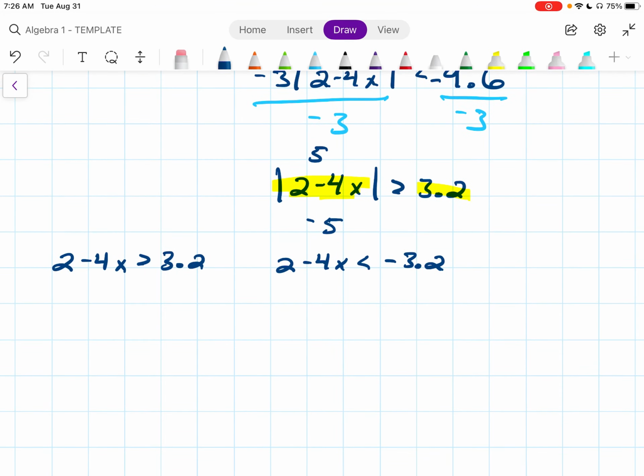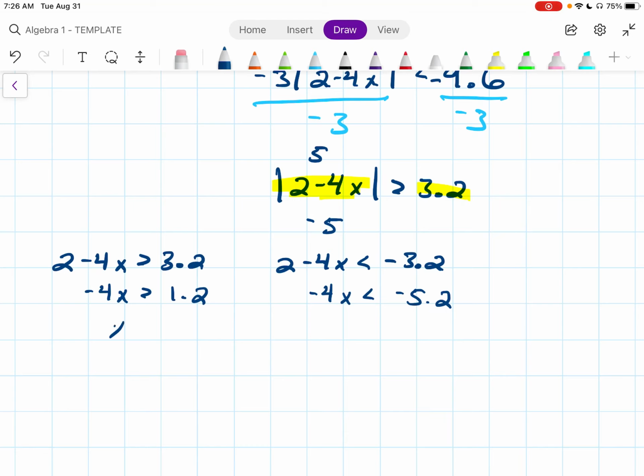Solving this, I subtract 2 from both sides. So I'll have negative 4x is greater than 1.2. On the right side, negative 4x is less than negative 5.2. Then dividing by negative 4, I'm going to get myself a decimal.